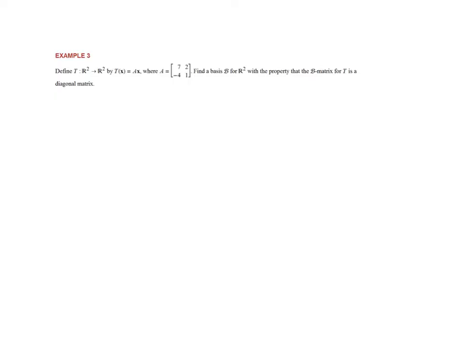Now we get an example where we use that theorem from just a second ago, and we have a transformation that we defined from R2 to R2. T of x is equal to A times x. A is this matrix that we've actually seen before. It says find a basis for R2 with the property that the B matrix for T is a diagonal matrix. All right, so how do we do that?